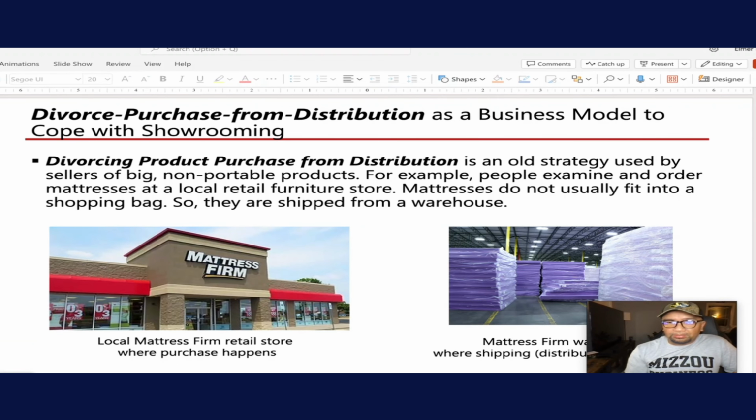Now, of course, because it's not as easy as putting a mattress into a shopping bag, in this business model, Mattress Firm will ship the mattress from the warehouse to the customer. So there's no items for sale within the store itself.